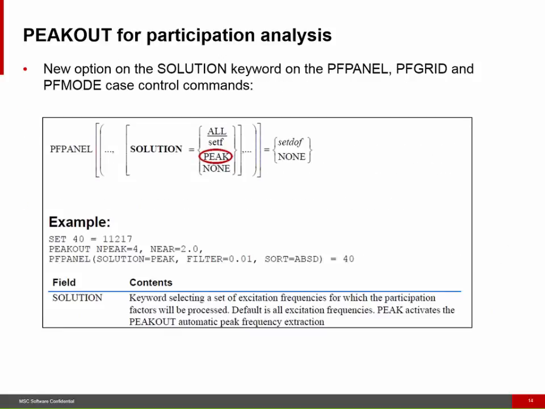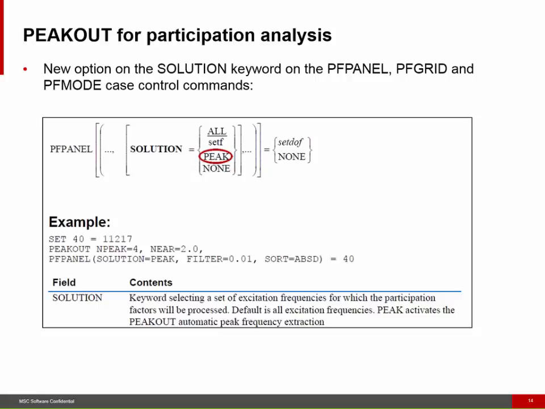In combination with the PEAKOUT case control command, we also added a new option on the SOLUTION keyword on the panel, grid and mode participation case control commands. So SOLUTION can now equal PEAK, which activates the automatic peak frequency extraction.